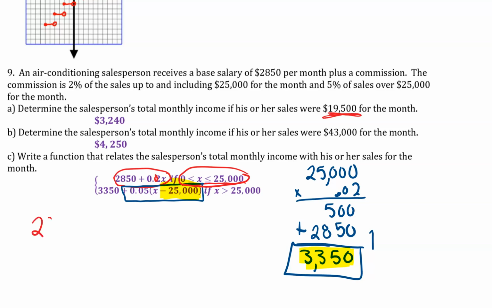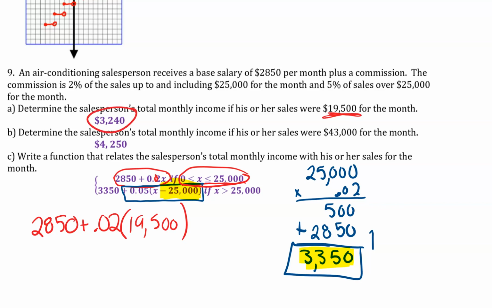So that would just be 2,850 plus 0.02 times 19,500. Multiply first, then add the 2,850, and you should end up with this number.